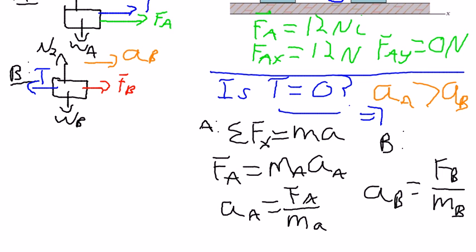So everyone should calculate and check to see, is acceleration A larger than B? If that's the case, then your tension would just be equal to 0.